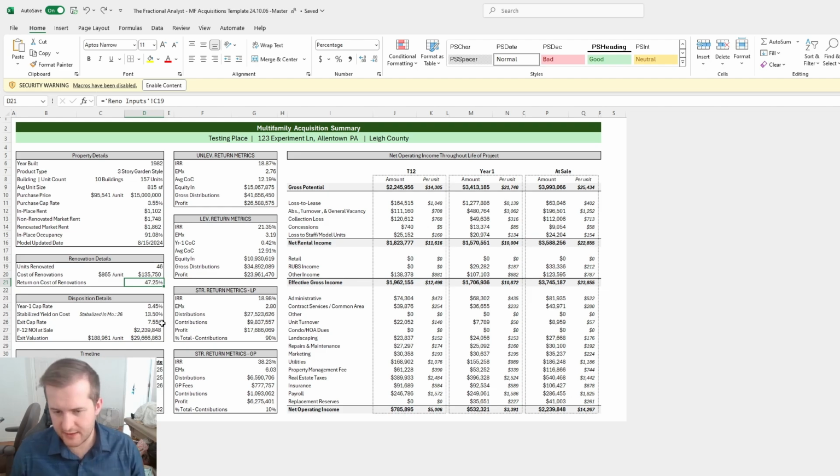So just finishing this out here, exit cap rate. This is the yield that the next buyer is going to get from buying your property. Really important metric to understand. The reason why this is kind of funky is because we include an exit cap rate inflator in here. So this started out at like 6.5%, and then it increases 10 to 15 basis points per year, getting to the year 7 sale.